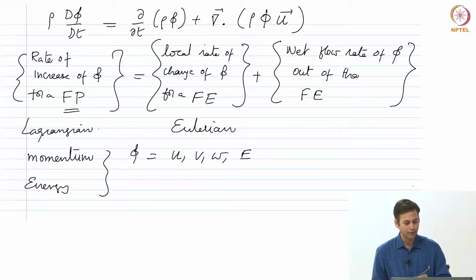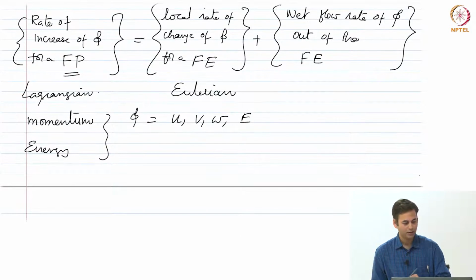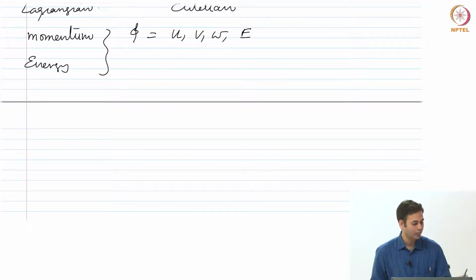Okay. So, the momentum equation says that the rate of change of momentum as we follow the fluid particle, that is nothing but the three components, like the rate of change of momentum in the x direction as we follow the fluid particle. So, that would give you rho du/dt. We are essentially replacing phi with u. That would give you what in the Eulerian approach?